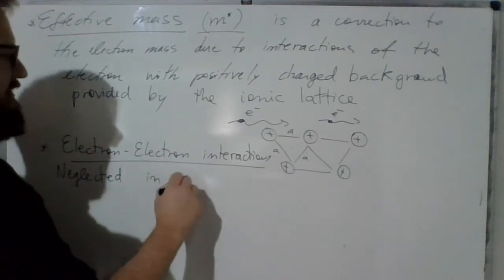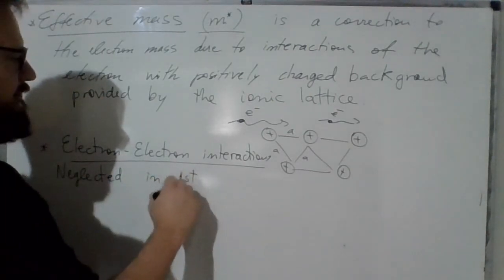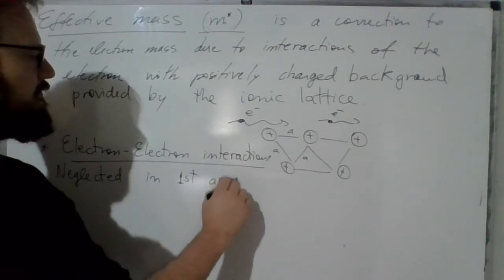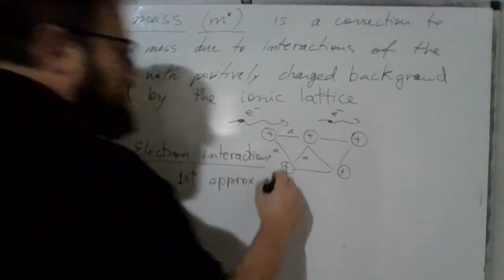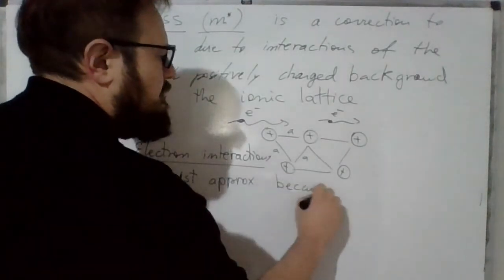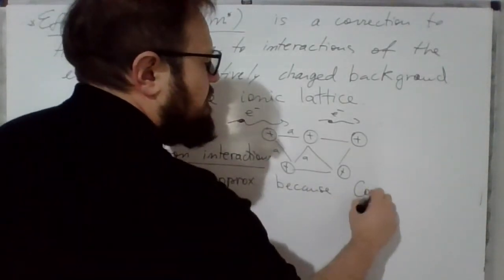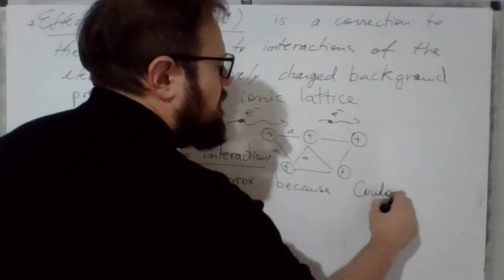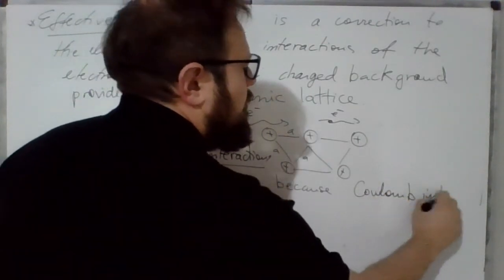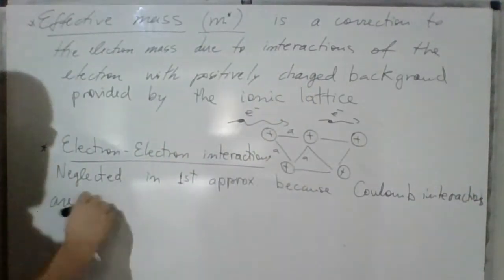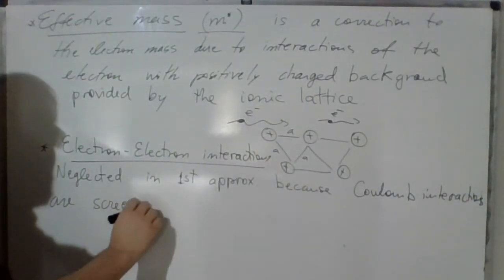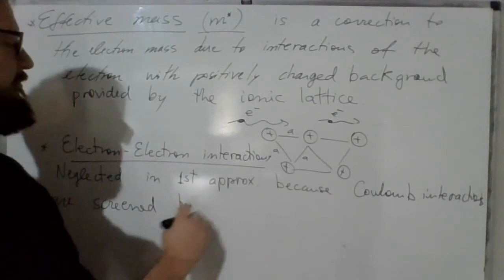And why can you do that? Because Coulomb interactions are screened by the positive background.